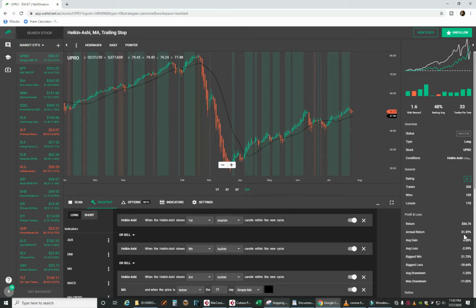But I started here because that strategy worked really well for TQQQ, and just looking at the results, it was pretty good. You can see it got on average 31.59% returns. Max drawdown was 11%. Less than a 50% batting average.